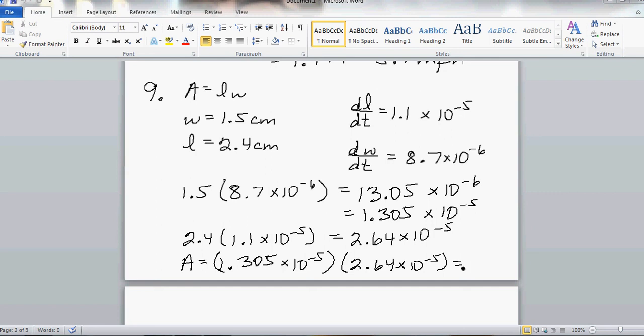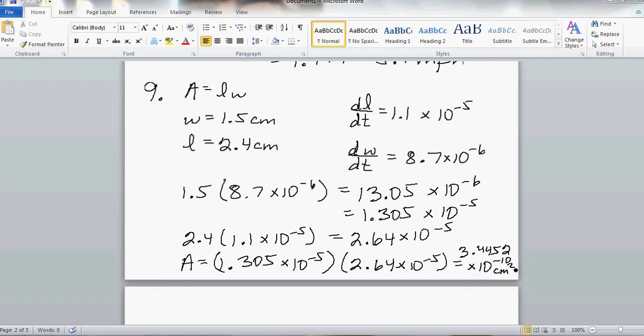1.305 times 2.64 equals 3.4452 times 10 to the negative 10th power square centimeters.